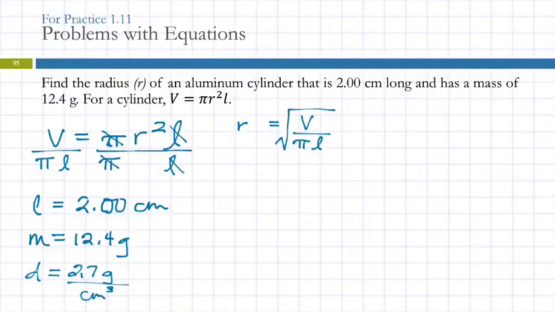Okay, so there's my density. I want to use dimensional analysis. Here I've got mass, and I want to get to volume. Well, a unit of volume would be cubic centimeters. So I'm going to take my 12.4 grams, and I'm just going to have one factor here. I want cubic centimeters on the top and grams on the bottom.